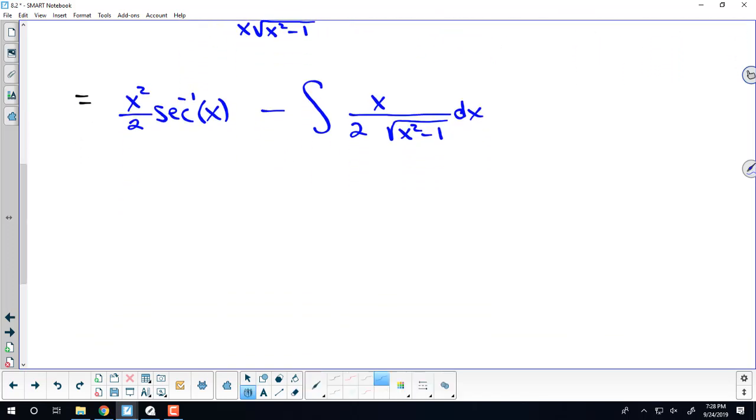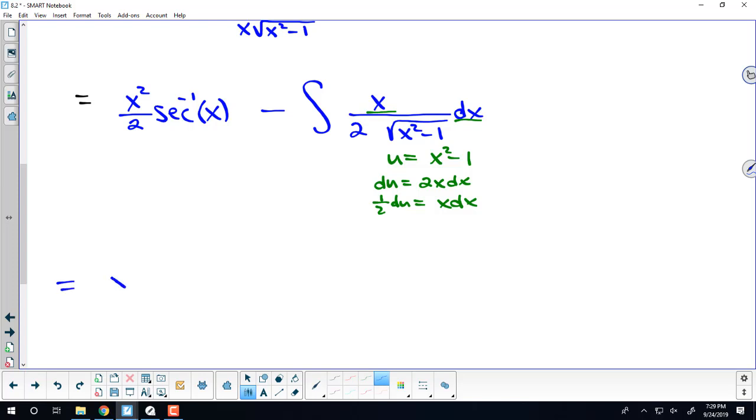So this is a u substitution because this function's derivative is there as the numerator. So that's our du times a half.